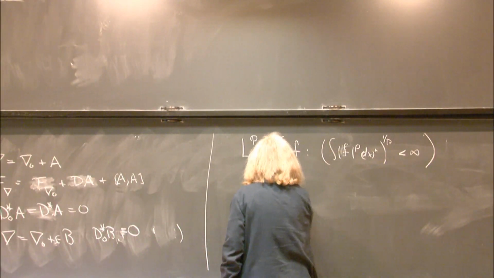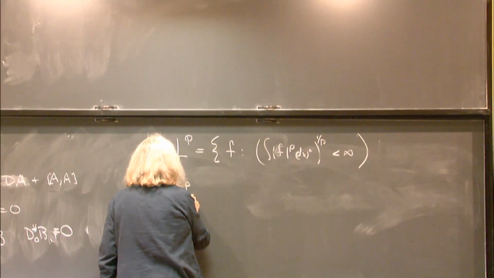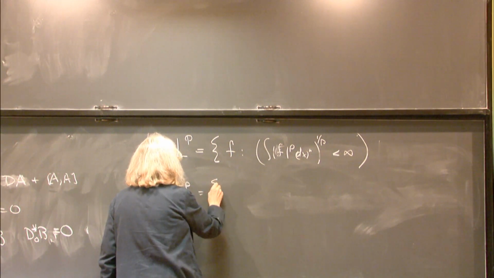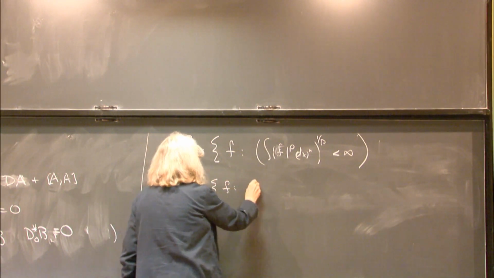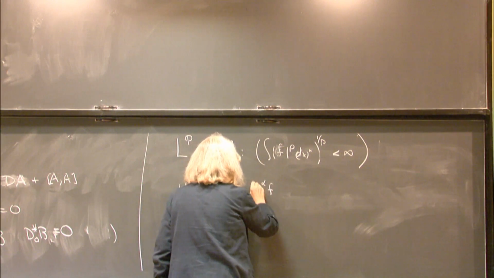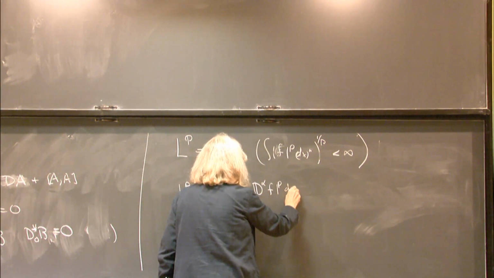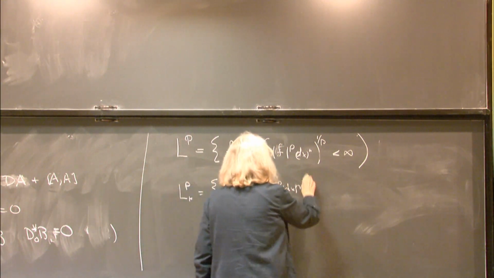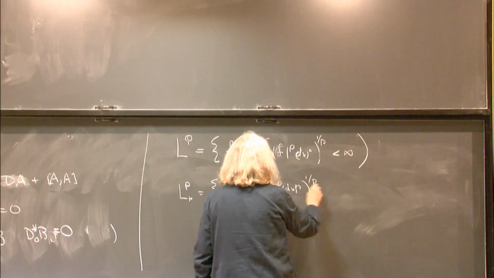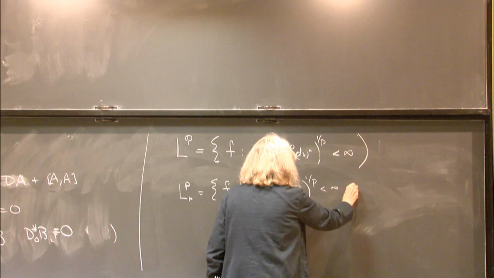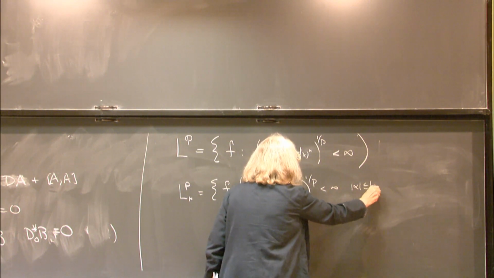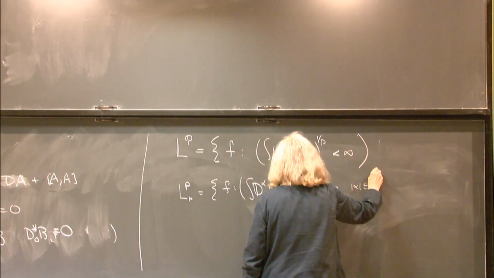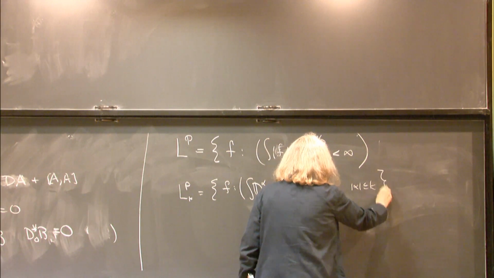And L^p_k is equal to the set of f such that the integral of |∂^α f|^p dx^n, to the 1 over p, is less than infinity for α less than k. We never use k bigger than 2 in any essential way.